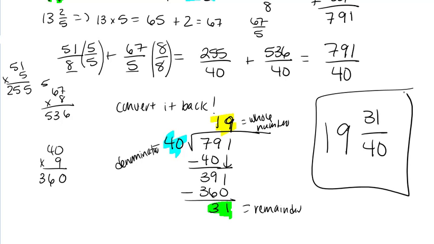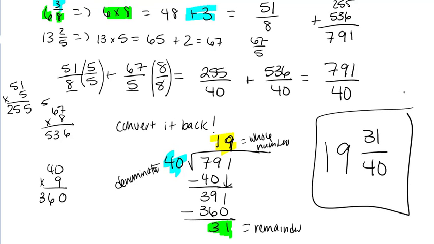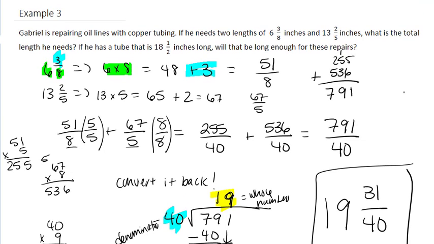And this would be our final solution. And then now we can go back and look at 18.5 and say that the tube that he has will not be long enough, as he only has 18.5 inches, and he needs 19 and 31 over 40 inches.